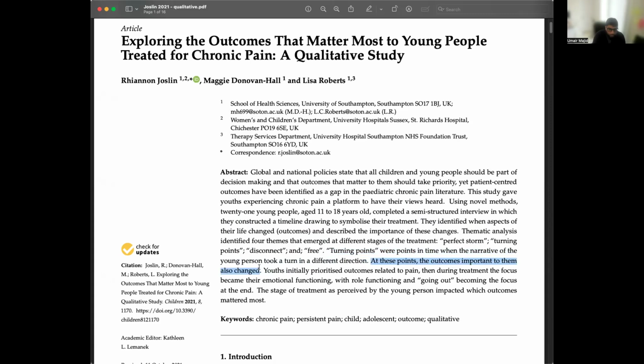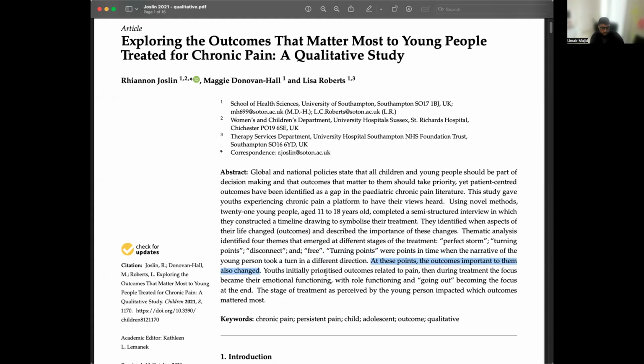So it's a turning point when the journey changes, and the outcomes that are important to young people also change. And that's such an interesting finding to know when you actually meet someone with chronic pain. You understand the nuances better, and that can help you to provide better and more tailored treatment that in the end will be more meaningful to them and also more effective.